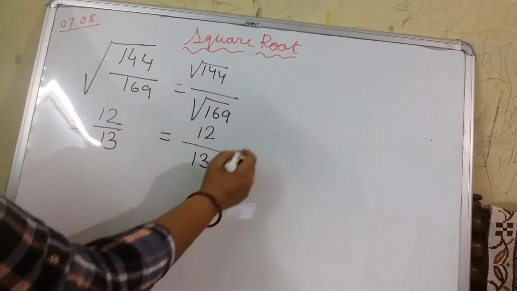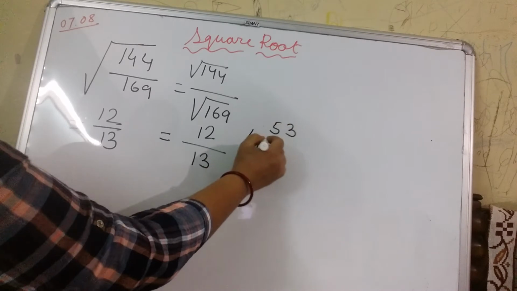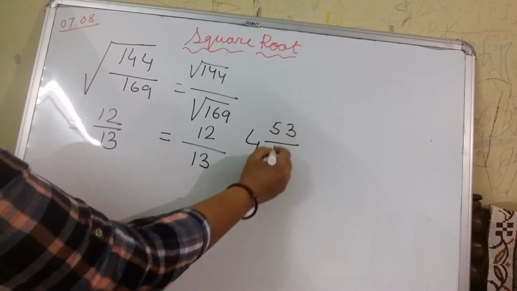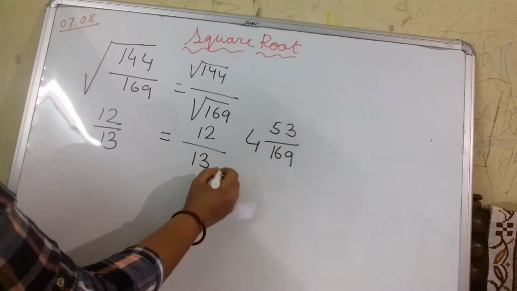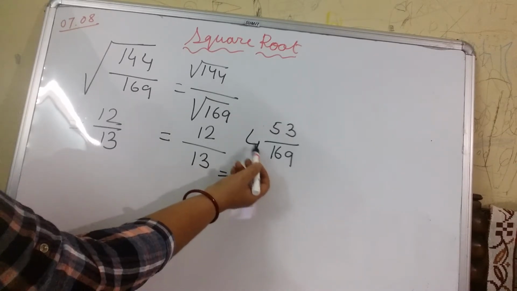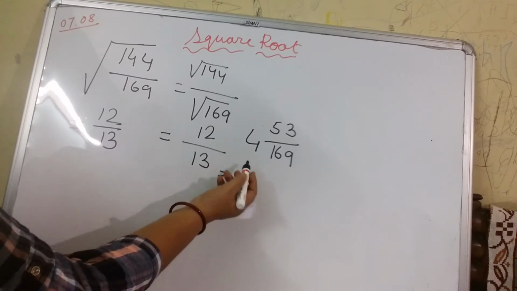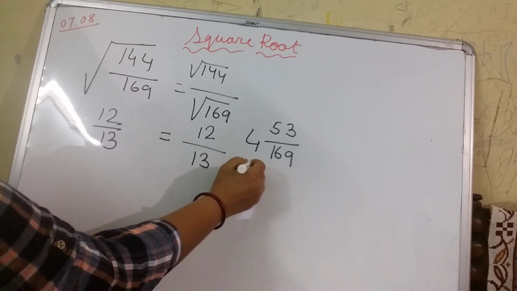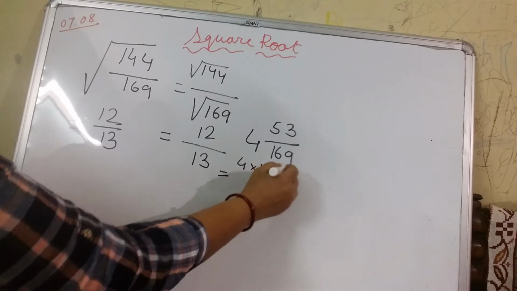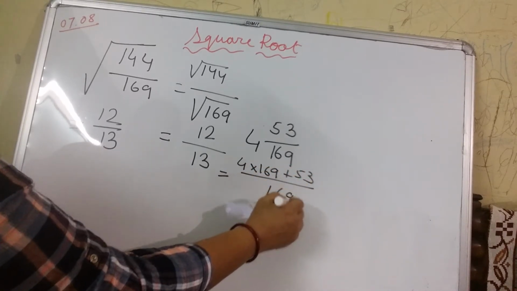If a number is like 4 whole 53 by 169, first you have to make it an improper fraction, like 4 into 169 plus 53 by 169.